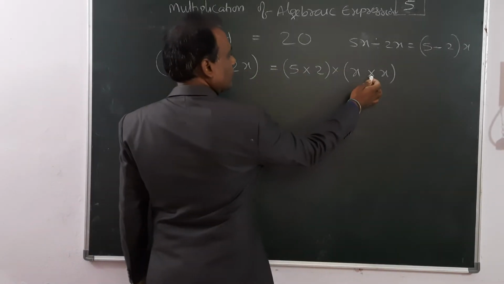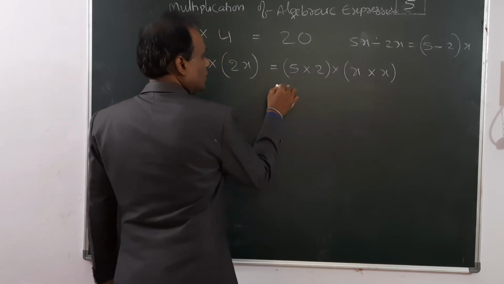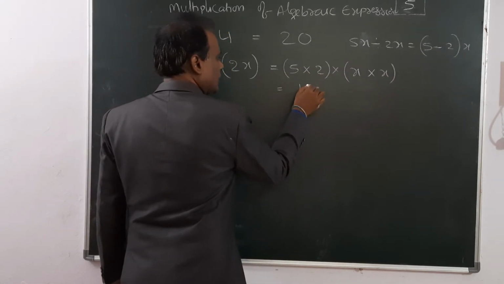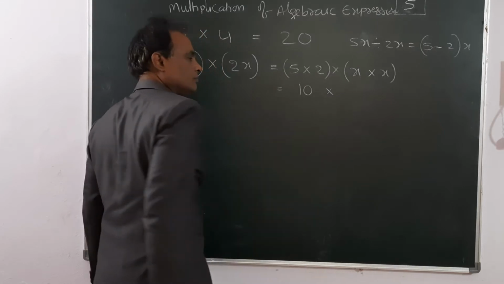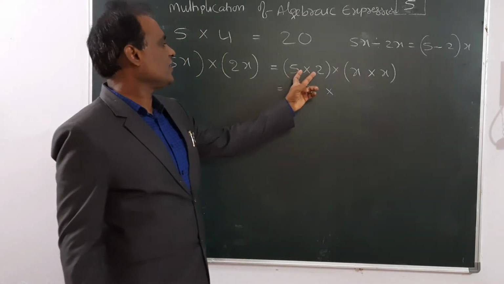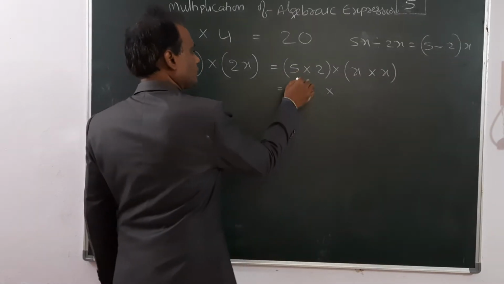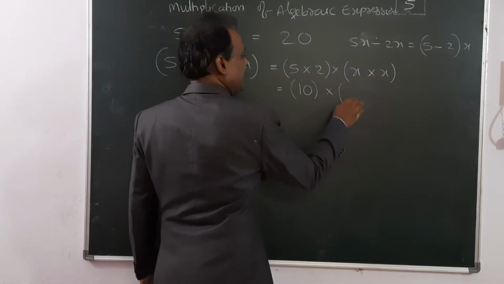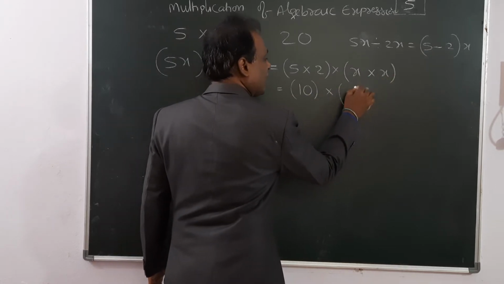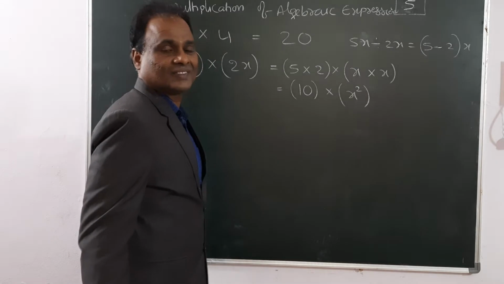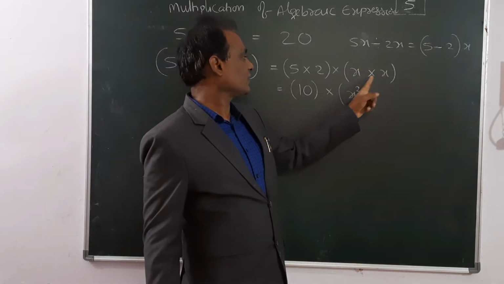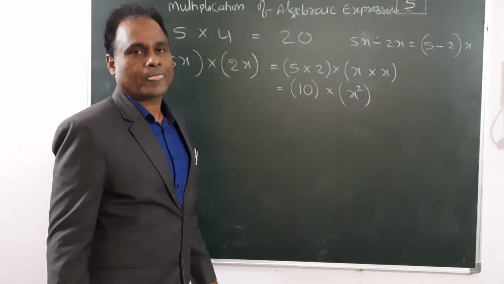Don't confuse the multiplication symbol with x. 5 into 2 is 10. x into x is x square.